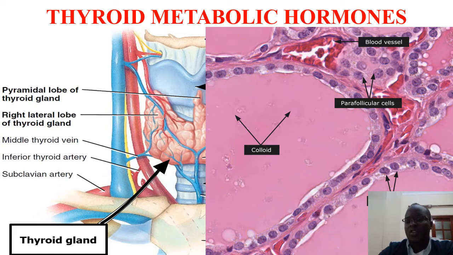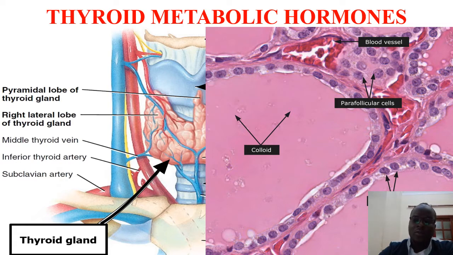So the concentration of calcium is affected by the two hormones, the parathyroid hormone and also calcitonin. The calcitonin is not produced by the follicular cells, it's not produced by the parathyroid gland, it is produced by the thyroid gland. So you need to know that in the thyroid gland, you have the parafollicular cells that are responsible for the production of calcitonin.